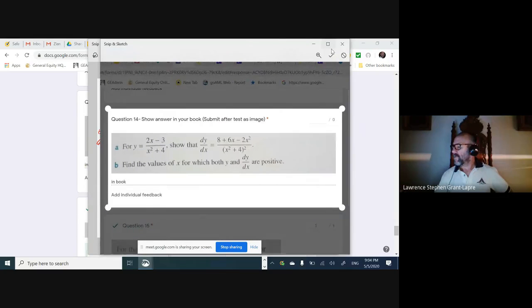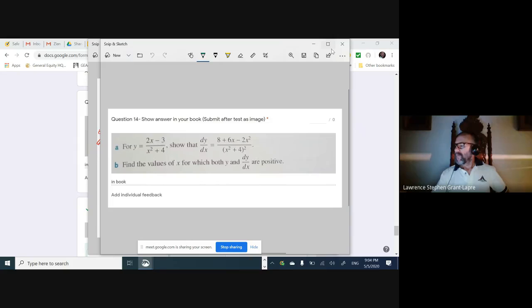Question 14, 2 questions to go. Show that, okay, here we have to actually do the derivative. So if u is 2x minus 3 and v equals x squared plus 4, you've got your u over v.